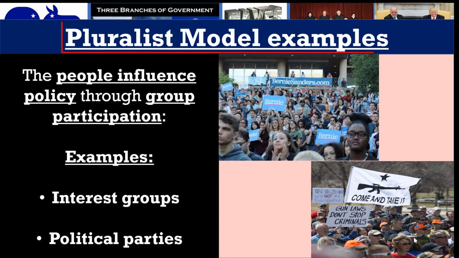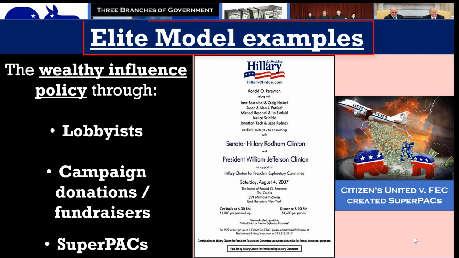The pluralist model emphasizes the large role that interest groups, like, say, today's NRA or the AARP, play in influencing laws and policies, as well as political parties, both of which some would say drown out an individual's influence in our governmental system. The elite model holds that the true source of governmental power is monopolized by the wealthy.